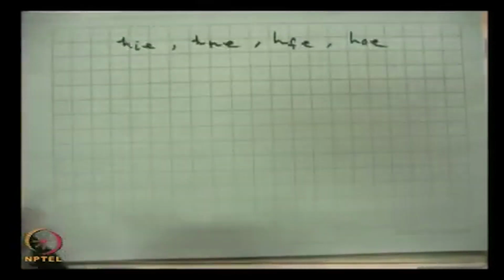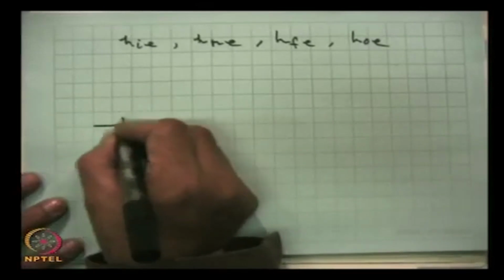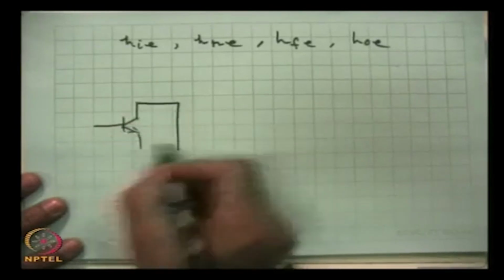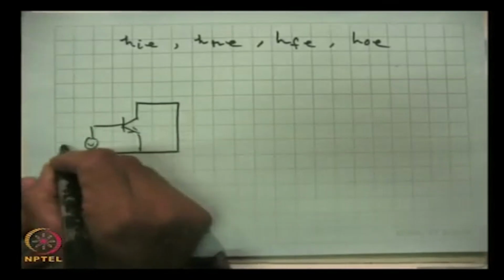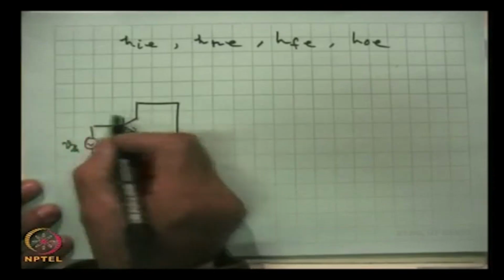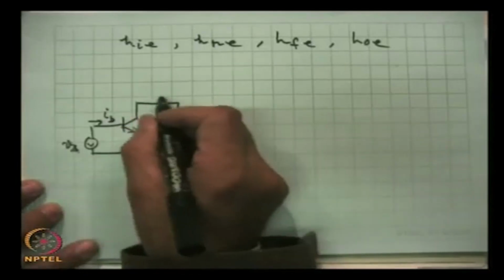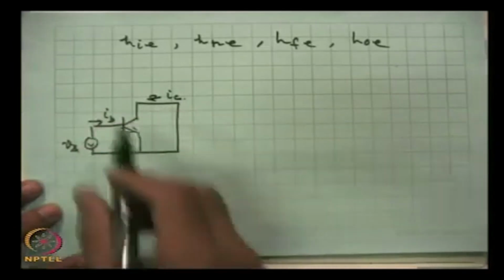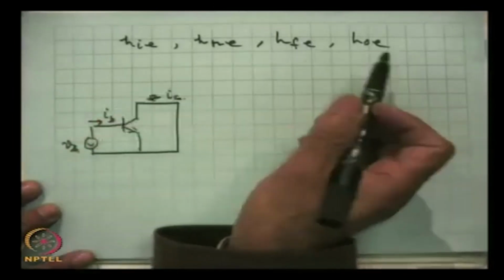So, for a common emitter, like here in the circuit, this is a signal we will apply, we will measure IB and this will give you IC. This is a simplified circuit, just a transistor connected in common emitter, and then these are the parameters.